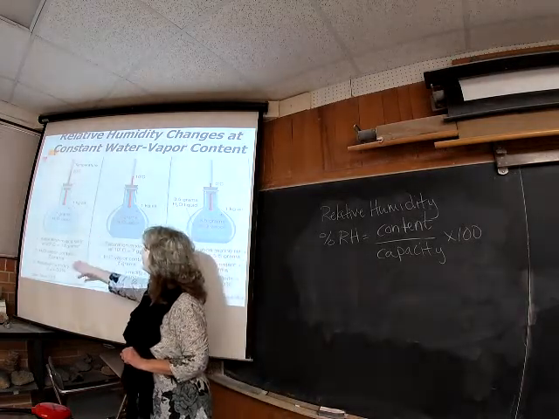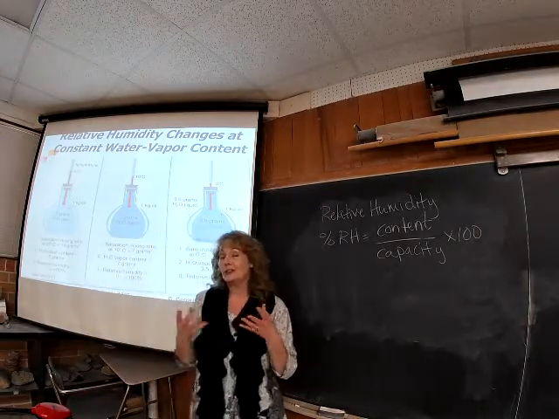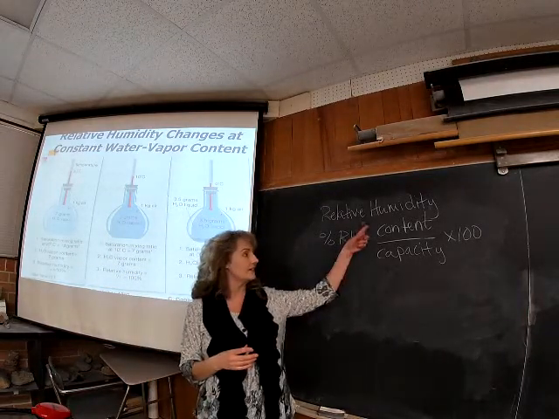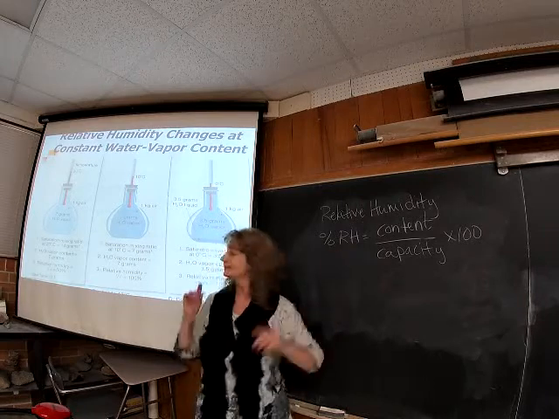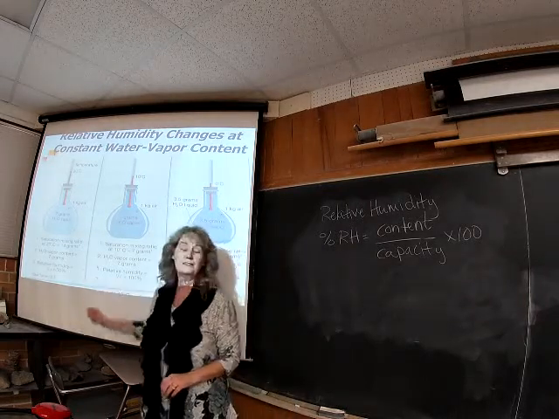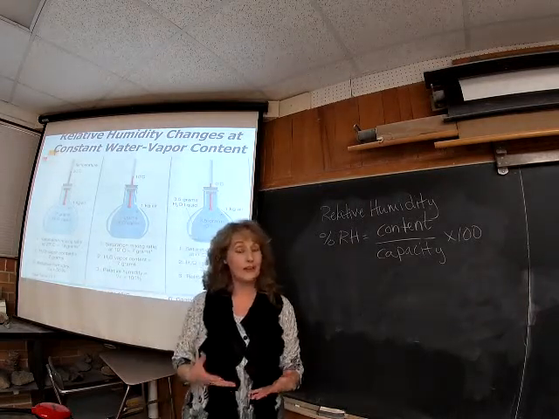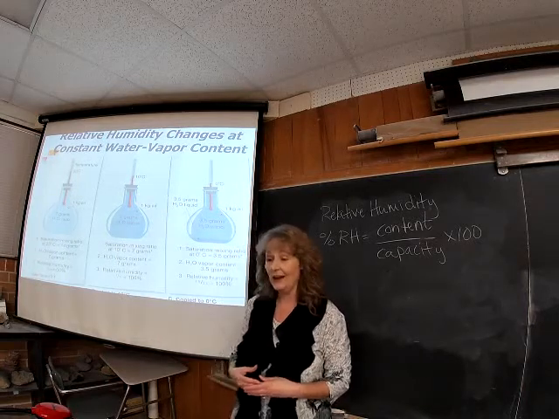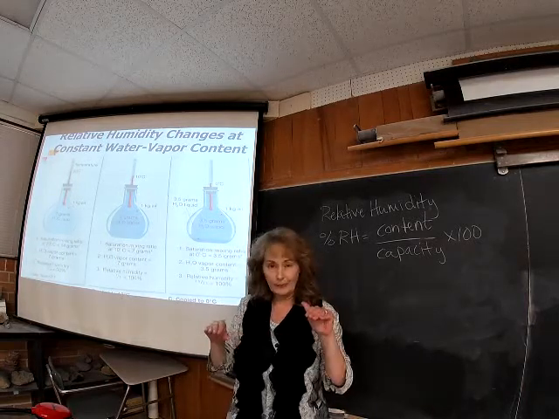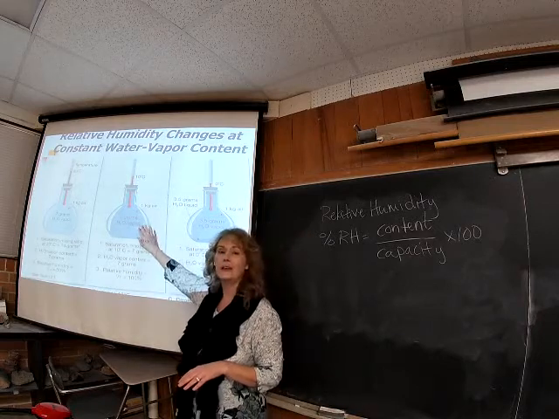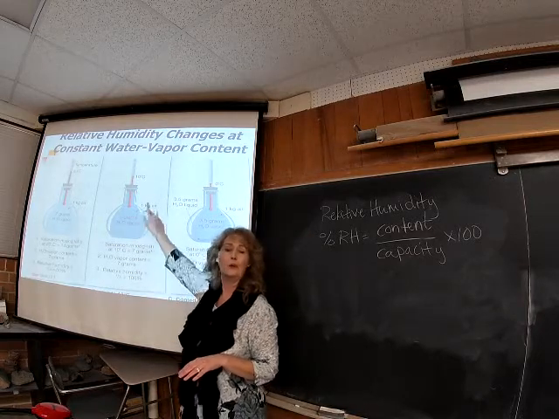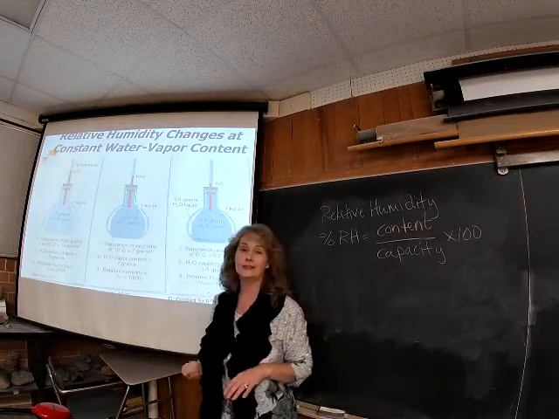Okay, so we have 7 grams of water vapor. We could actually hold 14, so 7 divided by 14 is going to give you a 50% relative humidity on the first panel there. Well, now we're going to cool that. Our water vapor content is the same. We still have the 7 grams of water vapor, but we're cooling it down to 10 degrees Celsius.